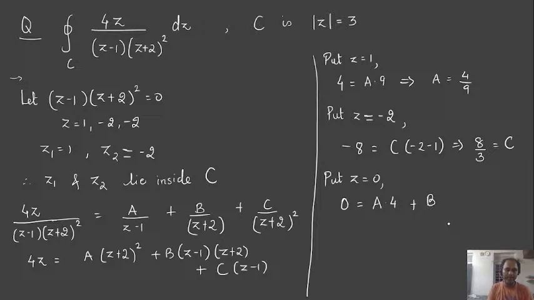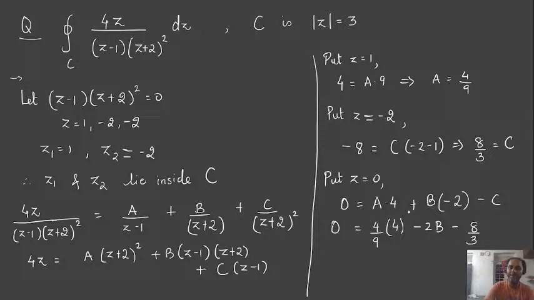So here the moment I put z equal to 0, you get minus 2b and c becomes minus c. So a is 4 by 9 into 4, and here we already know that it is minus 2b and c is 8 by 3.